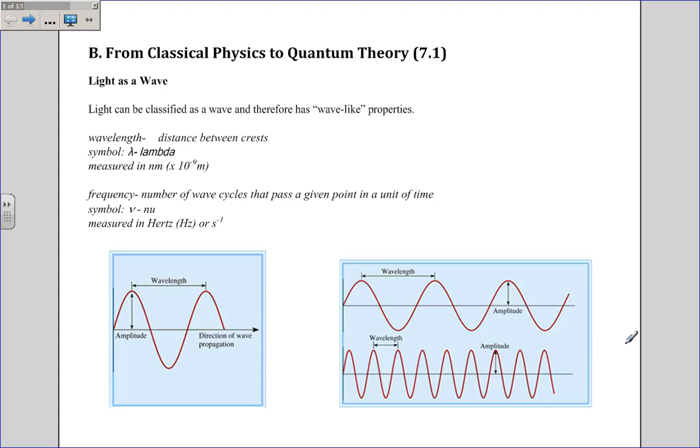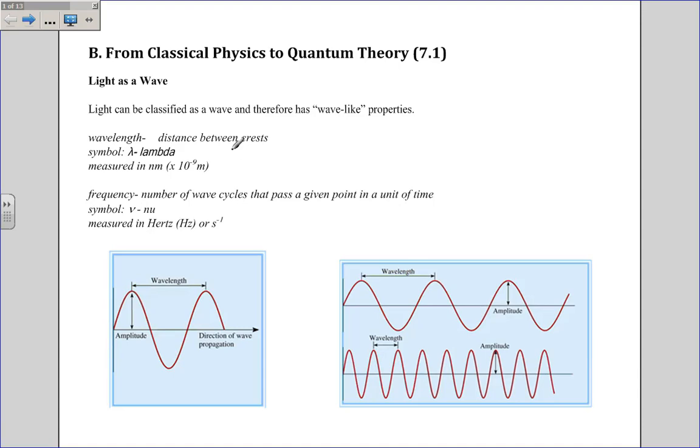To begin, we've discussed the fact that light can act as a wave. And so when we're looking at light, we need to understand its wave-like properties. As you know from your study of waves, waves have both a wavelength and a frequency.